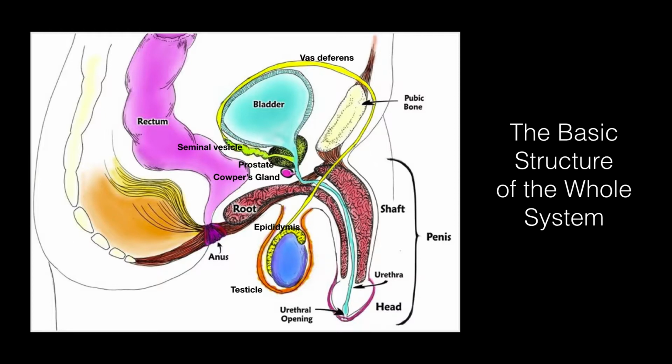Now, that's not the end story. The sperm and the ejaculate still has to go through the Cowper's gland, and that's that bright pink, tiny, little gland that is between the prostate and the penis. And the Cowper's gland is actually what produces the precum.